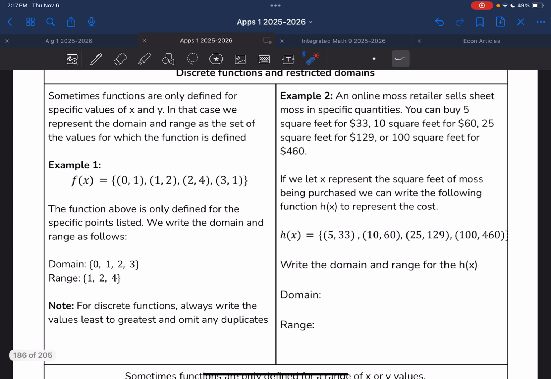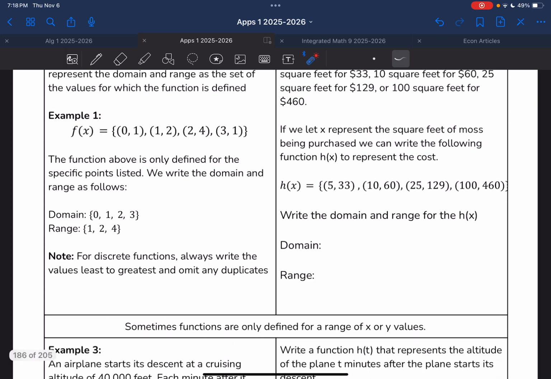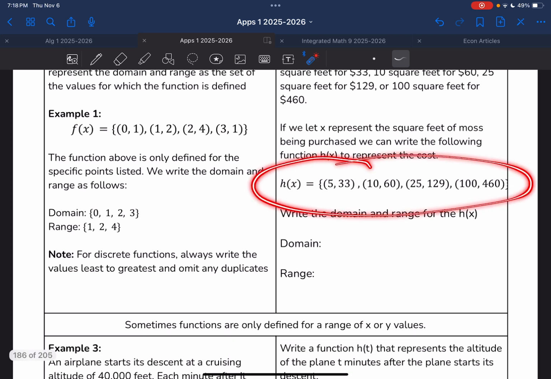If we look at example 2, an online moss retailer sells sheet moss in specific quantities. You can buy 5 square feet for $33, 10 square feet for $60, 25 square feet for $129, or 100 square feet for $460. If we let x represent the square feet of moss being purchased, here's our function.